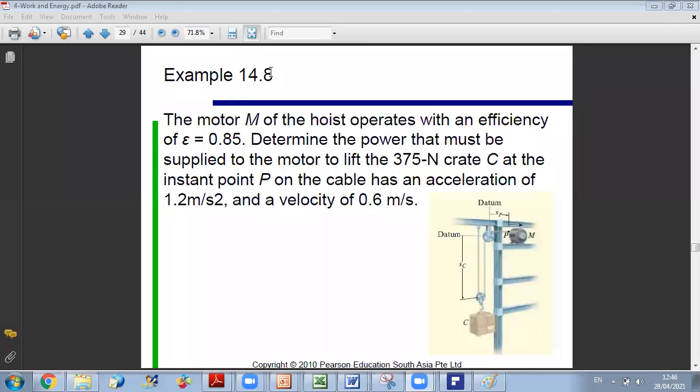So first, what do we have in this problem? We have a motor. This motor is drawing a cable inward, and when you draw the cable inward, your crate will be lifted upward. First, they gave us all properties at P. So we know the velocity at P, Vp equals 0.6 meters per second.